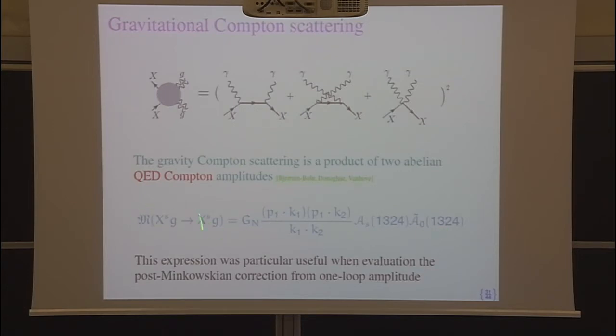So this is the gravity amplitude, this one. This is a QED amplitude, where this is the emission of two photons from a massive charged particle, a massive scalar, emitting two photons, and then a non-local kinematic coefficient. And it's exactly that formula.